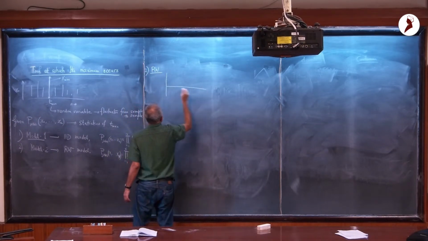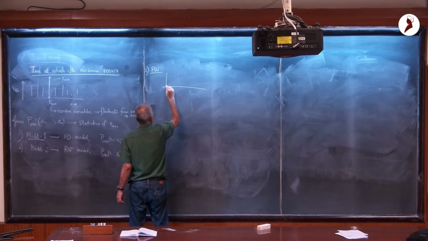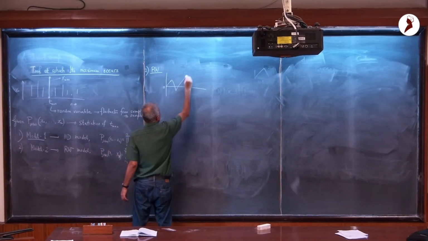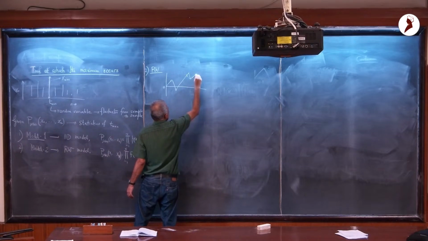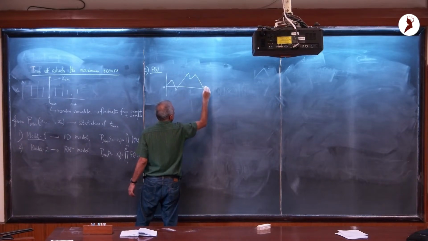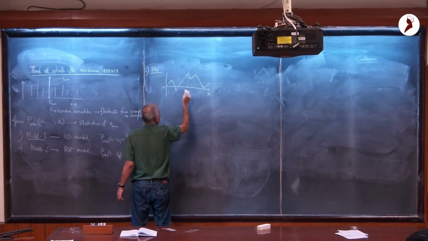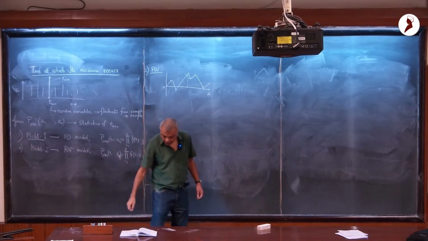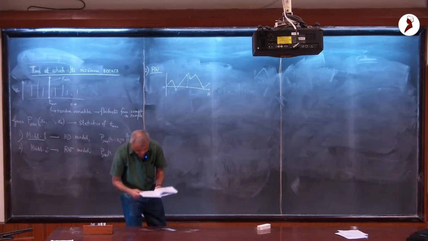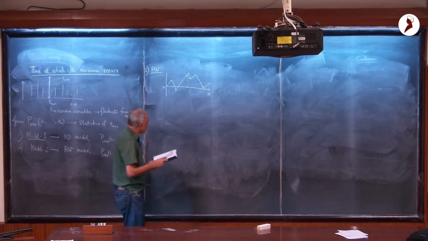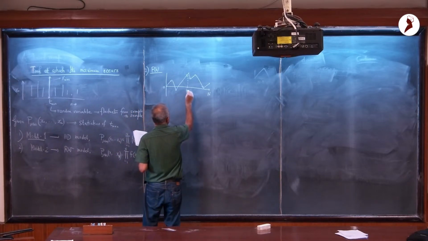So once again, we have our random walk starting at the origin and making jumps like that. I go up to n steps and I look at the maximum, and I ask at which step the maximum occurs. So this is the Tmax.